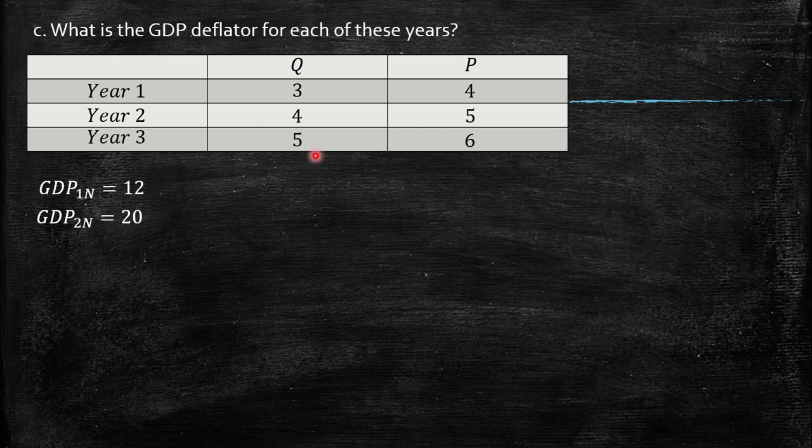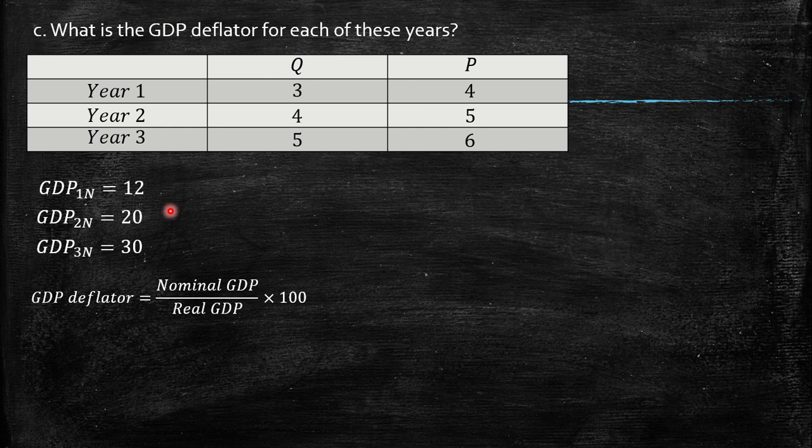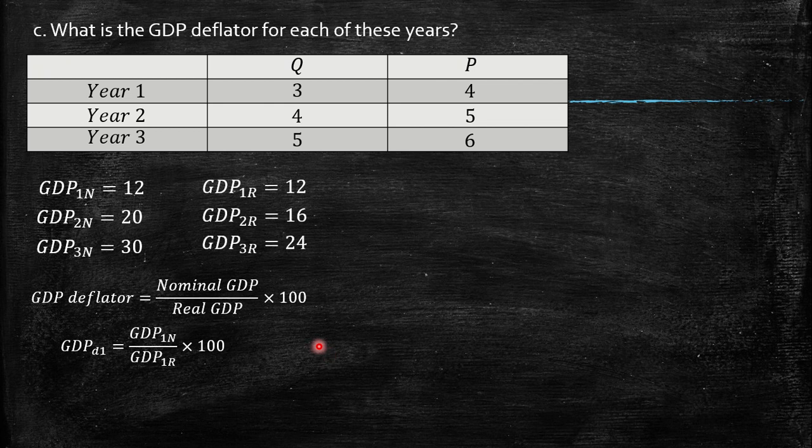So then we have the nominal ones, and then the deflator for year 1 should be nominal over real for year 1. Remember, this is 20 because it was wrong, because it was 4 times 5. And then the deflator for year 1 should be exactly 100 because it's the base year.